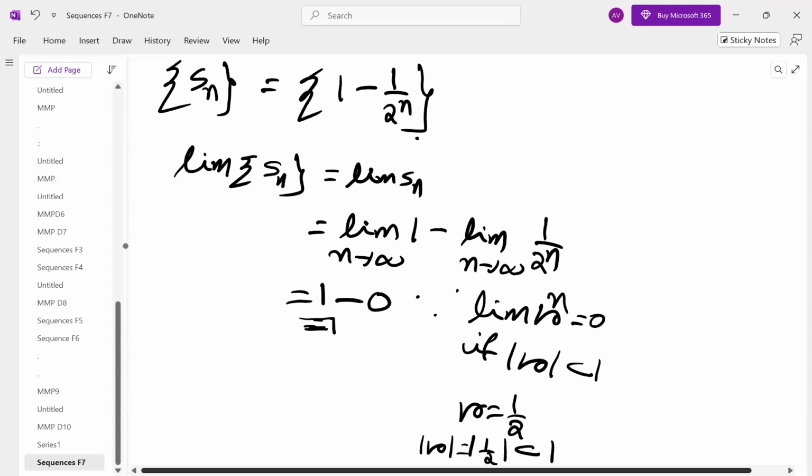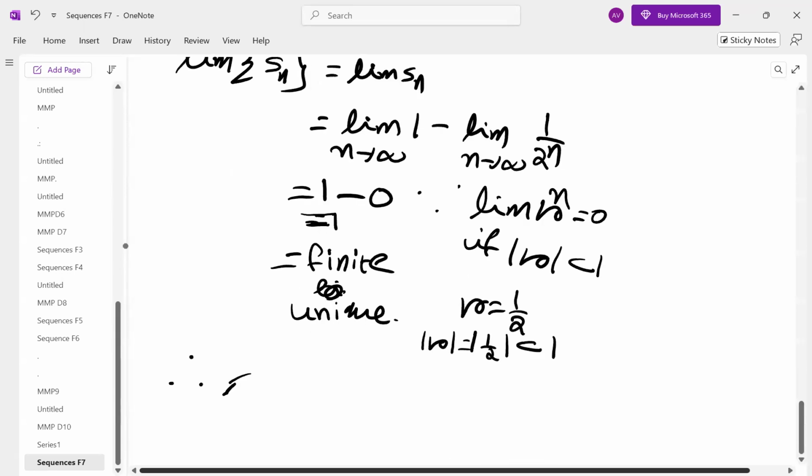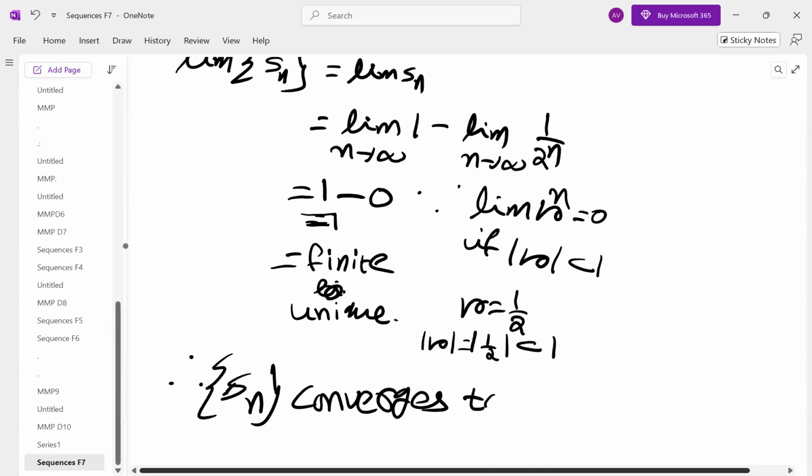So the limit is finite and unique. We are getting only one limit. Finite, unique. Therefore, the sequence Sn is convergent. Because this is convergent, it converges to 1.